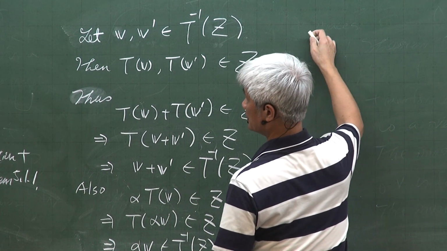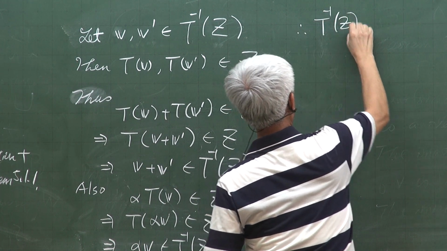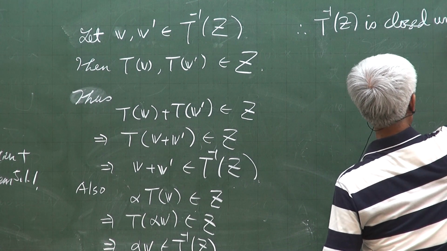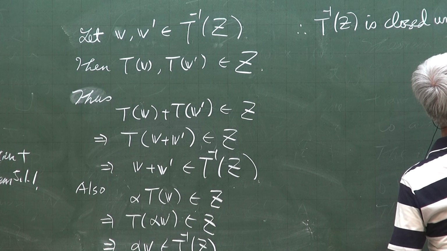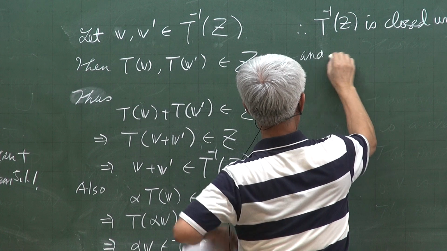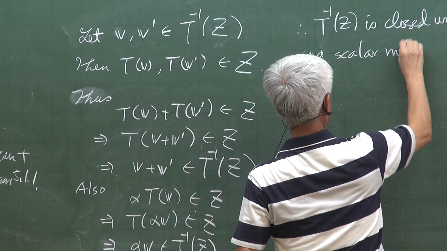Alright, so the inverse image of Z is closed under vector addition and scalar multiplication.